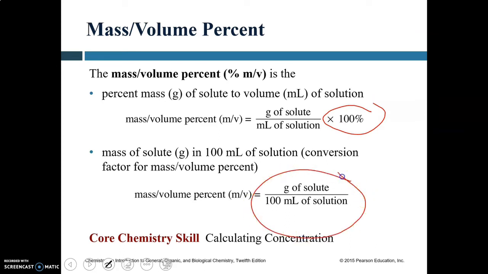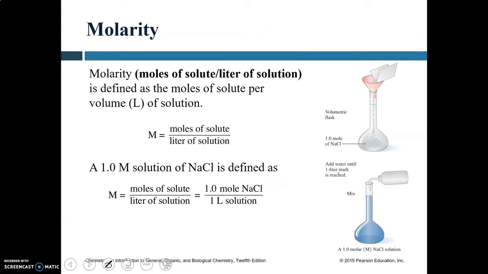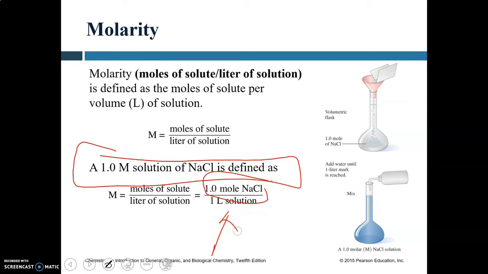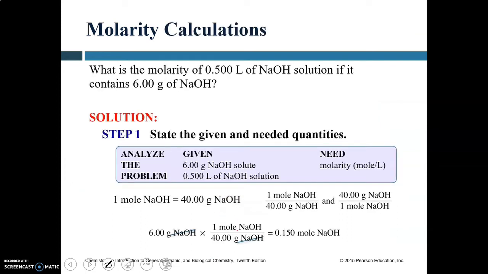So this is your final conversion factor. Molarity is the concentration expressed as moles of the solute in 1 liter of the solution. So a 1 molar solution of sodium chloride is defined as 1 mole of sodium chloride in 1 liter of the solution.